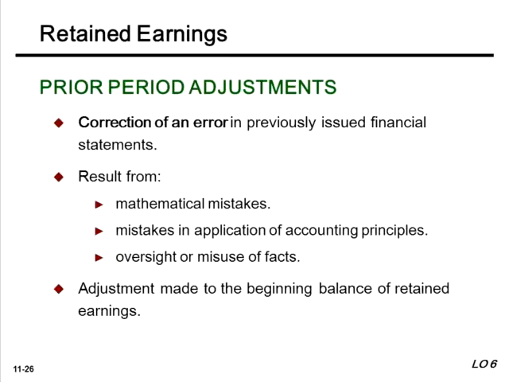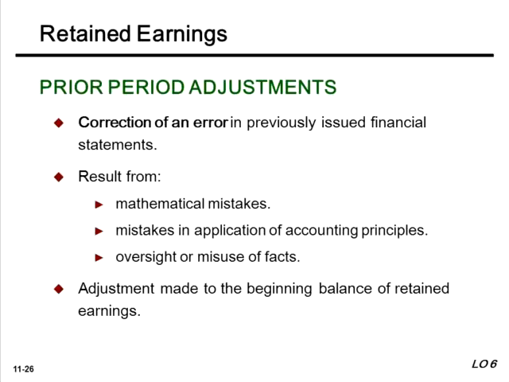Prior period adjustments. All right. The financial statements for a prior accounting period were prepared, distributed, and now we're into a new accounting period, and a discovery has been made that there was an error in previously issued financial statements.